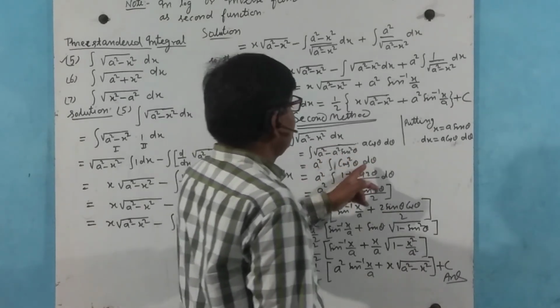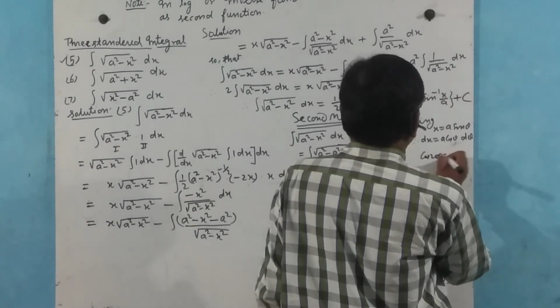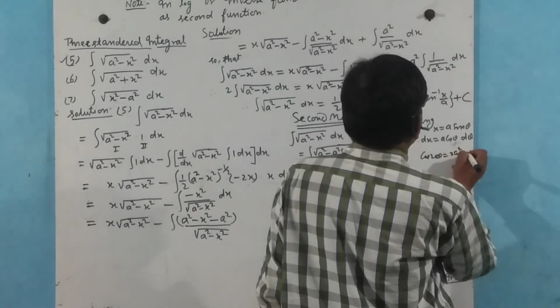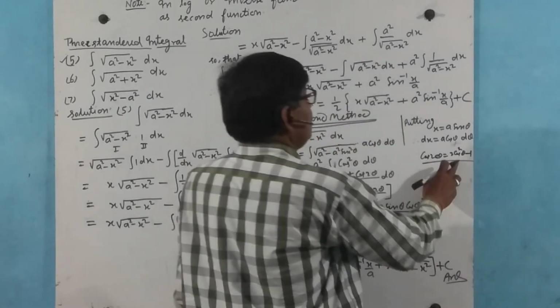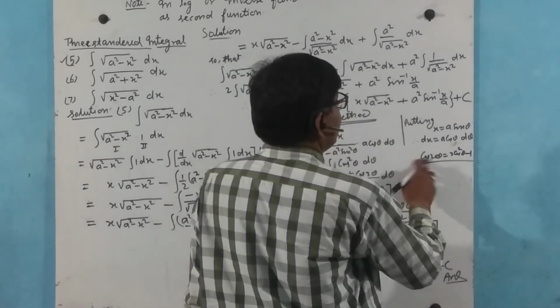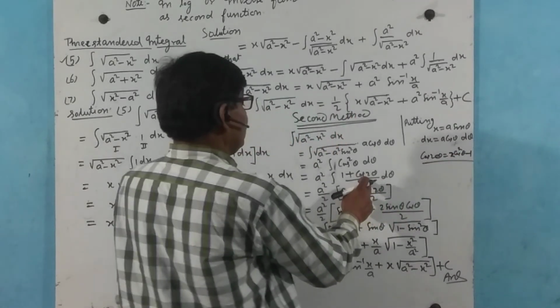As you know that cos 2 theta is equal to 2 cos square theta minus 1, so that cos square theta is equal to 1 plus cos 2 theta by 2 here, and this comes here.